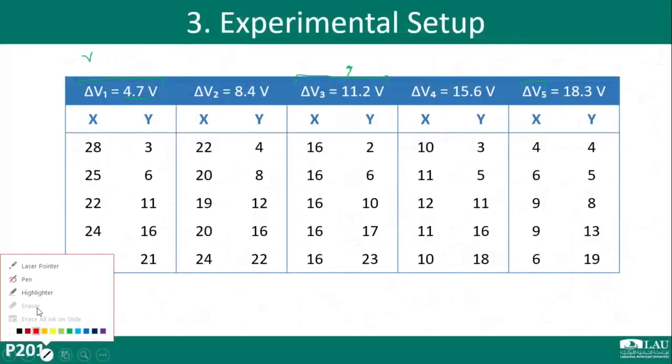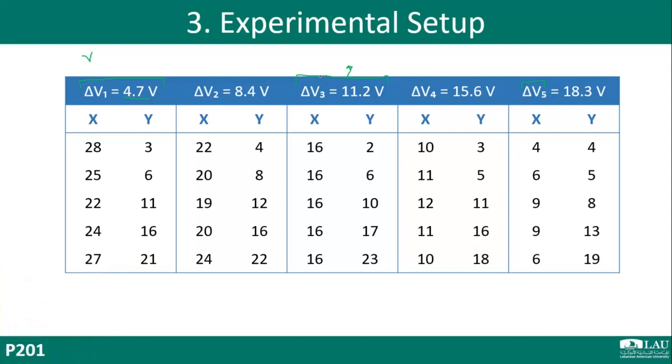So as you can see here in the table, the reported value, as I have mentioned, is delta V, not V. So here the potential difference is 11 or something around 10. So the potential of V3, the potential of this line, is 0. You need to find the potential of V2 and also the potential of V4 and the potential of V5.